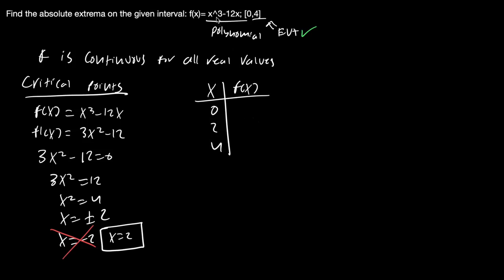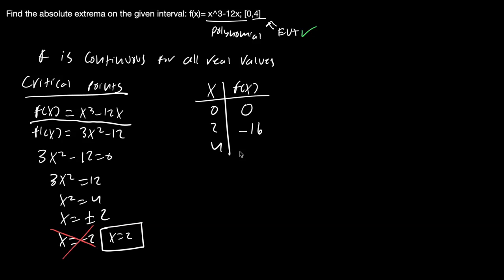So we have plugging 0 into our parent function. When we plug in 0, we get 0. With 2, we get 8 minus 24, which is -16.